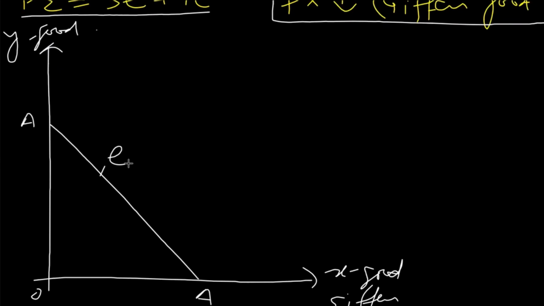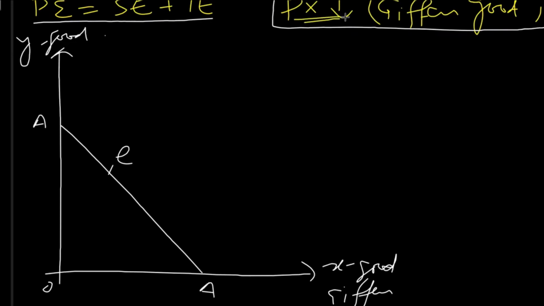And now if there is a fall in price of X, the budget line will shift like this from AA to BB, because now the purchasing power of the consumer for X good has increased. And to show substitution effect and to show the constant purchasing power of the consumer's income, we will have to draw a line like this.